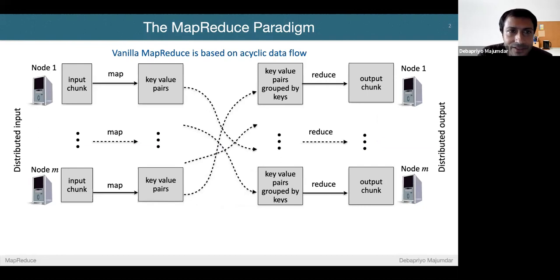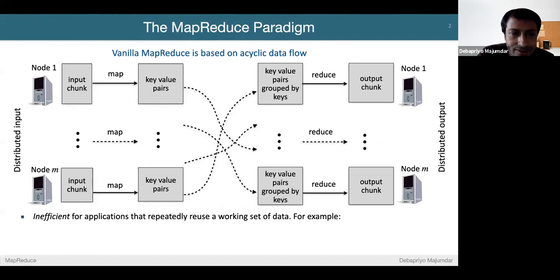You have this input, then map, key value pairs, shuffle, key value pairs, again reduce, output. And as I said, this is inefficient for applications that repeatedly reuse a working set of data. For example, iterative algorithms, machine learning algorithms, graph algorithms, again and again you want to do the same thing, right?